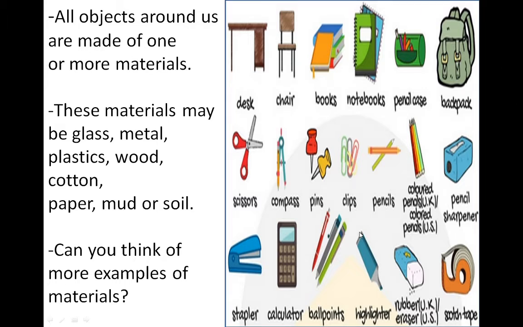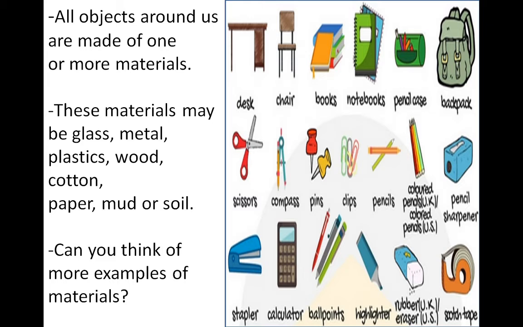Many objects I have put here, like desk, chair, books, notebooks, pencil case, your backpack, scissors, compass, pins, clips, pencil, color pencil, your pencil sharpener, stapler, calculator, your ball pens, highlighter, rubber, and your tape. See how many things are there.